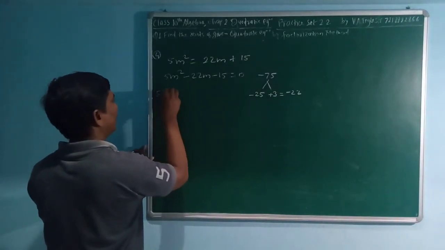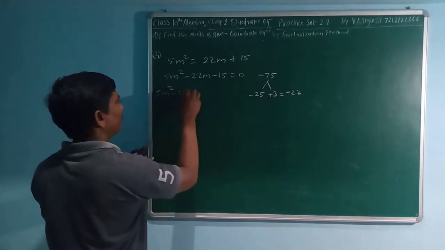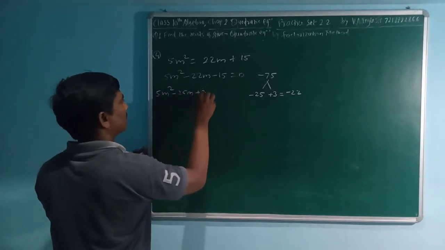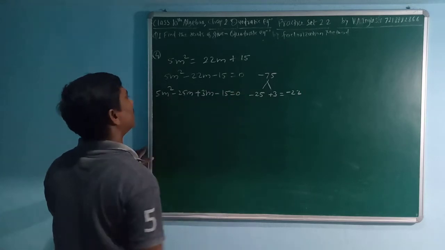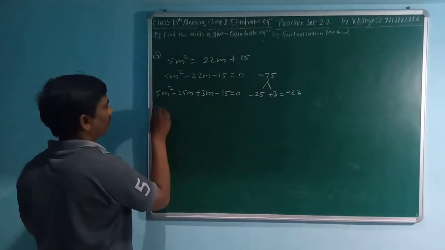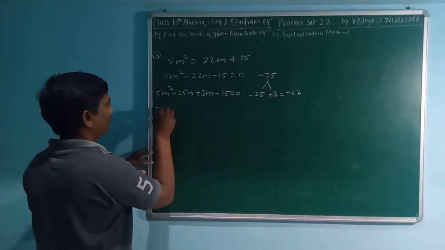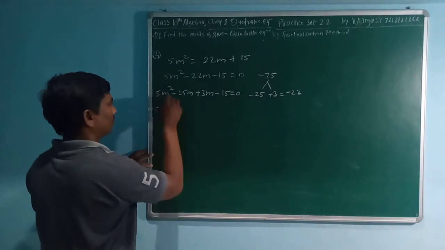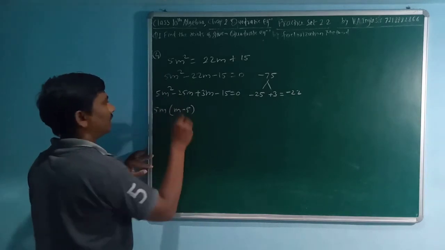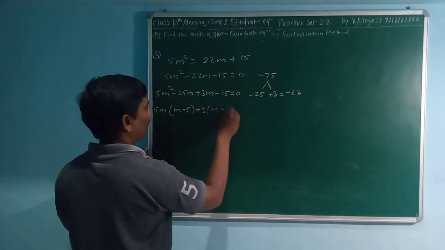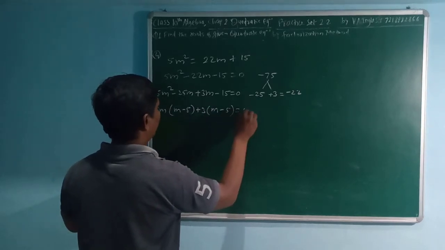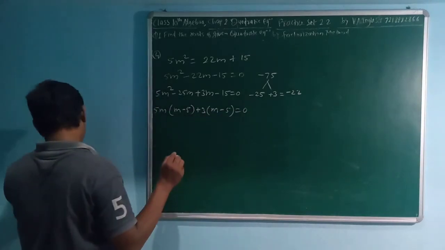So here I will write 5m square minus 25m plus 3m minus 15 is equal to 0. Now take out common. From here you can take 5m common, so m minus 5 will be there. From here if you take 3 as common, you will have m minus 5 remaining.